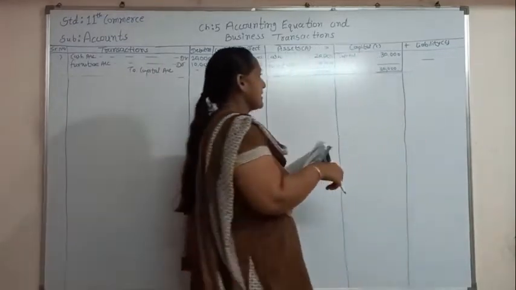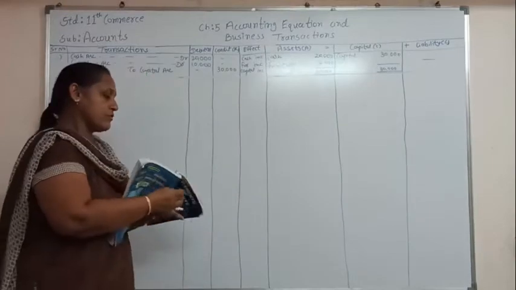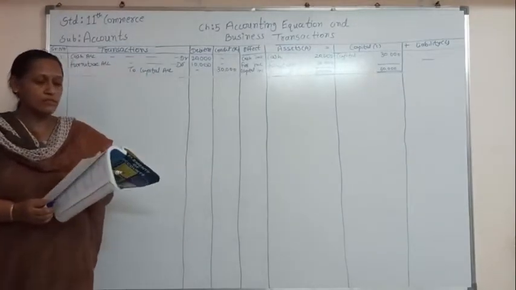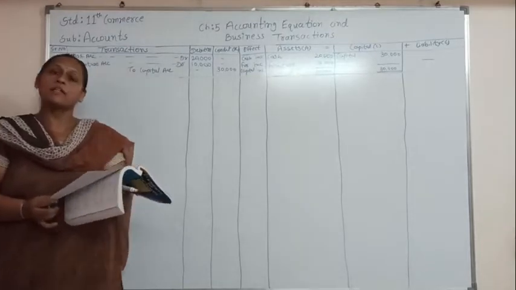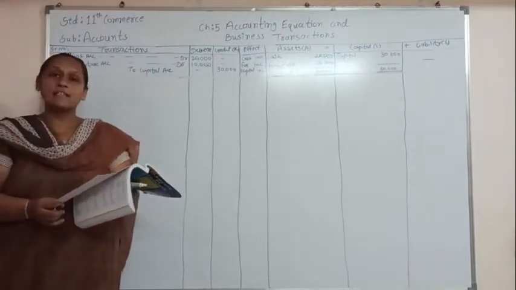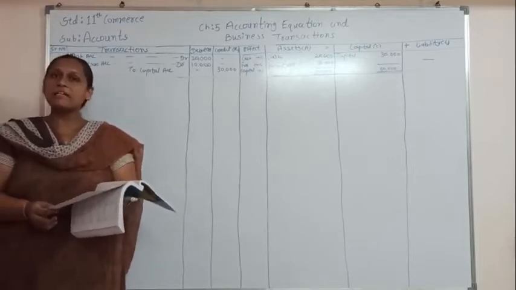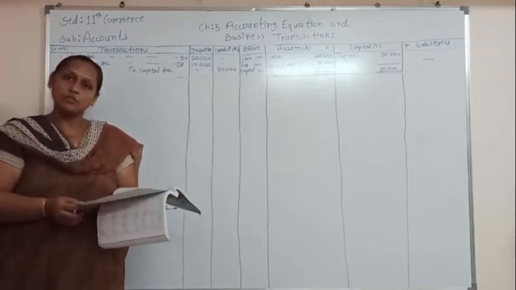Now let's see the second transaction, and for second transaction the transaction is rupees 5,000 deposited in bank and open the account. For that cash is going out of the business and bank is the receiver. So bank account debit to cash. That journal entry we are going to pass.